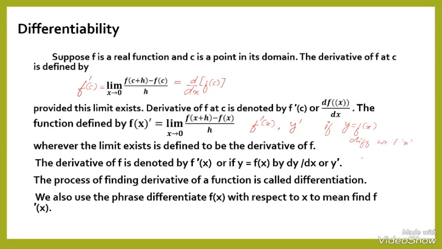Then we can say d by dx of y is equal to f dash of x. Therefore it can be written as the differentiation of y, dy by dx, or f dash of x.